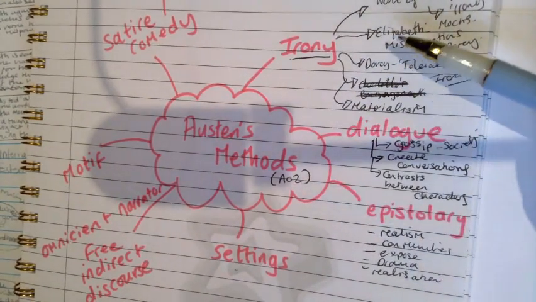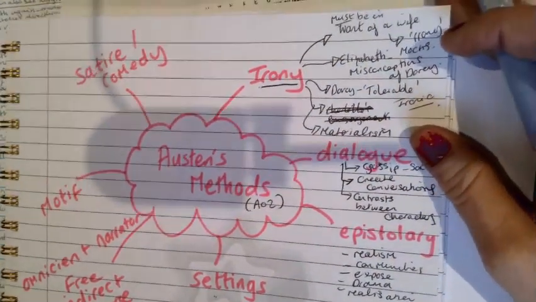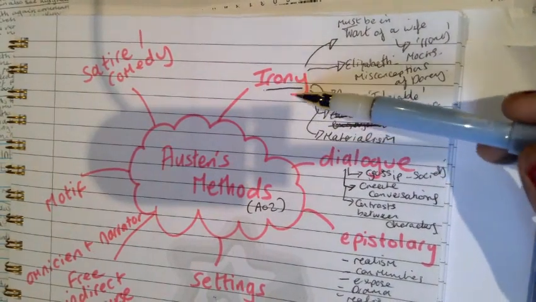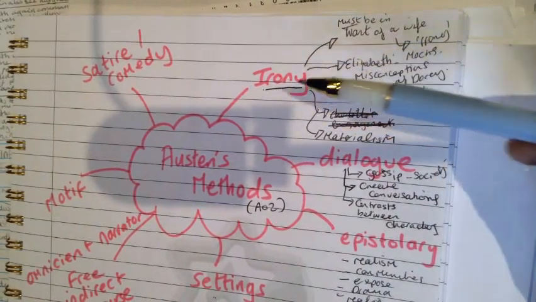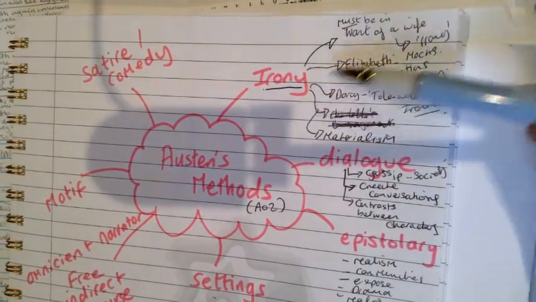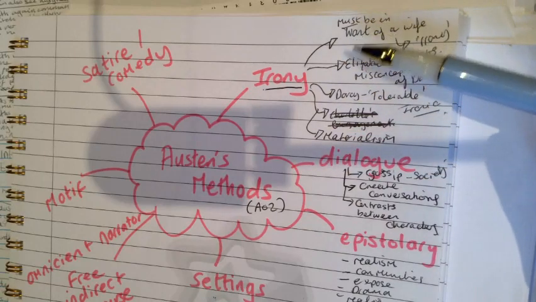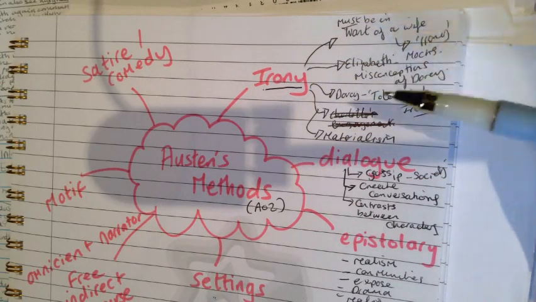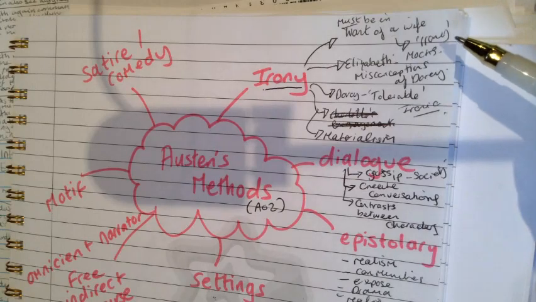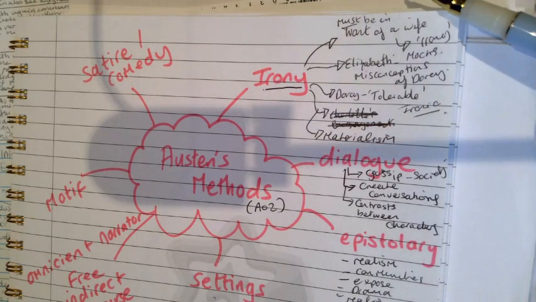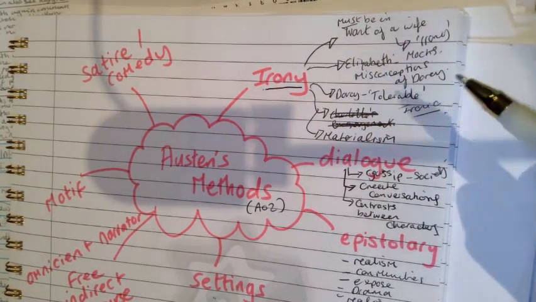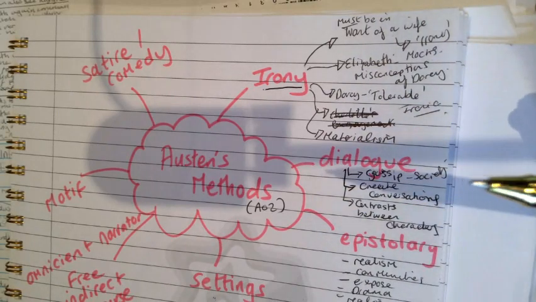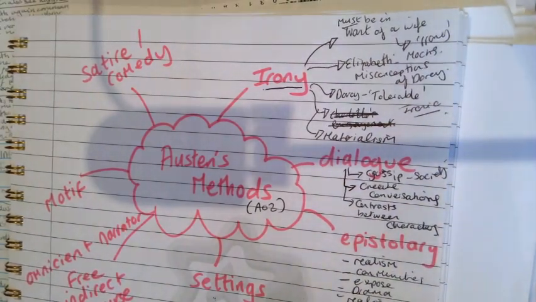Another method that she uses to help tell her story, which creates so much humour, is irony. Irony is where something is supposed to be or is happening, or being said, or being done, but actually the opposite is being implied.